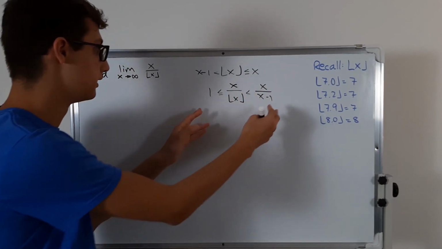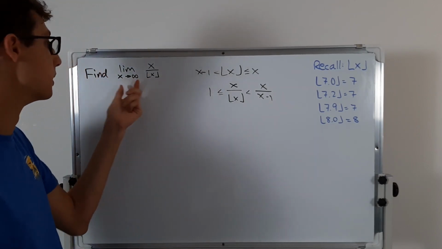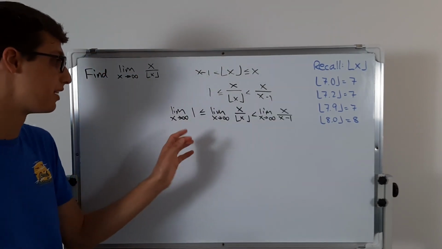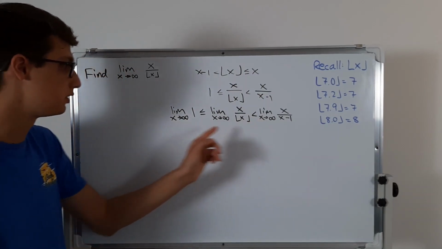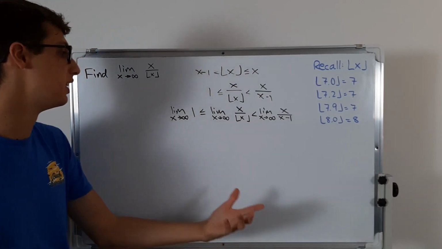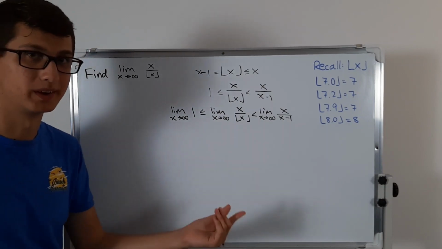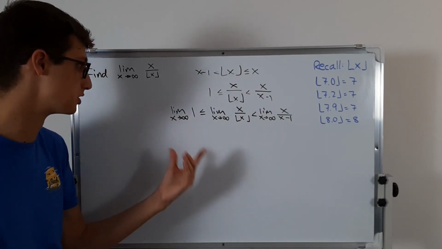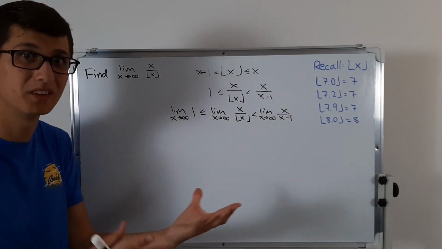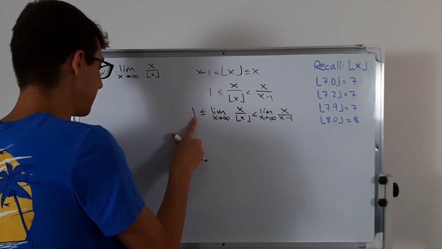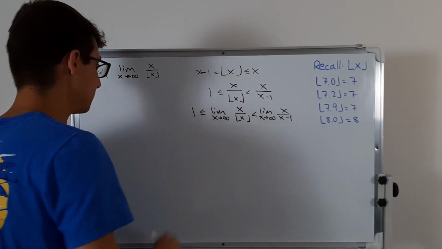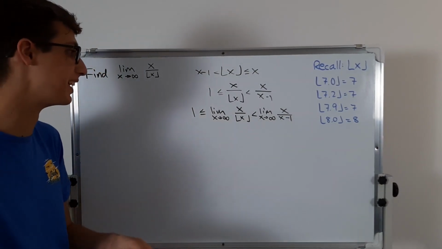So let me write all three of these statements with the limit in front of it. So now we have all these limits, and this is really what we're trying to find. But notice how these two limits are pretty easy. The limit as x approaches infinity of 1, of any constant, is just going to give us 1. So really, I can just scrub this out.